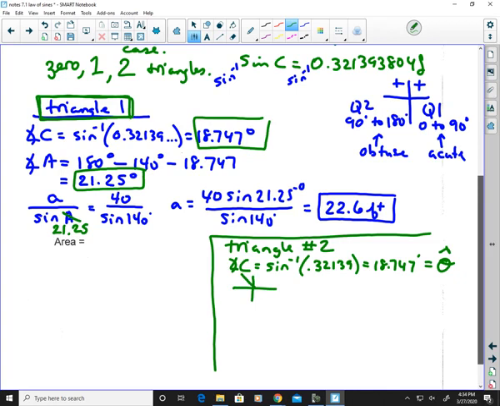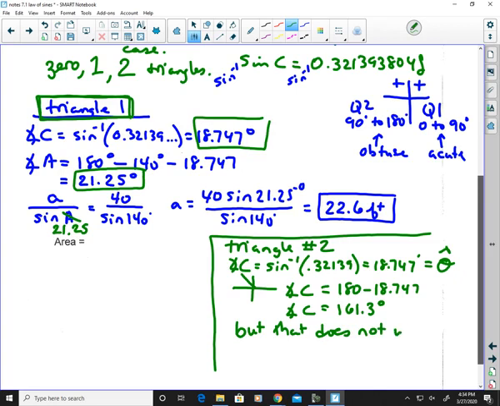So in quadrant 2, for a reference angle of 18.7 degrees, angle C in my second triangle would be 180 minus 18.747. My angle C in the second triangle would be the obtuse angle of 161.3 degrees. But that does not work with angle B equal to 140 degrees.